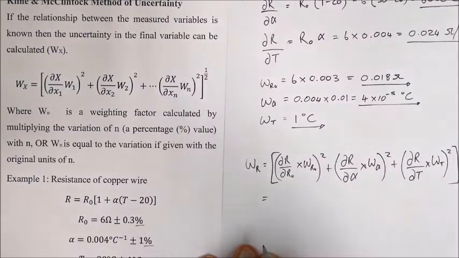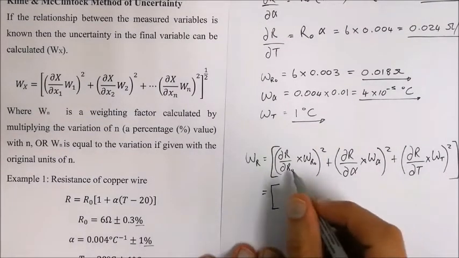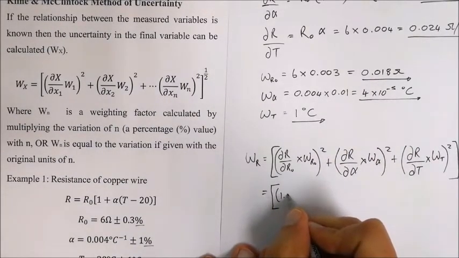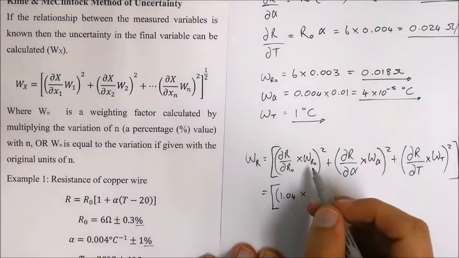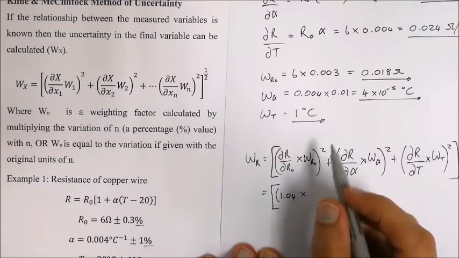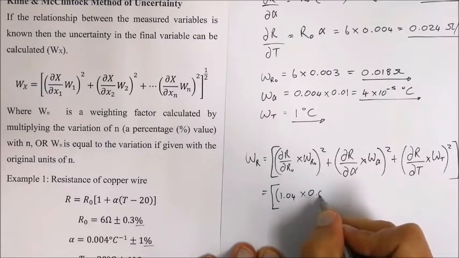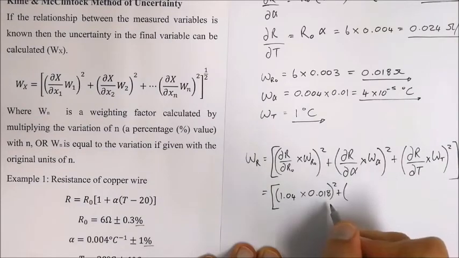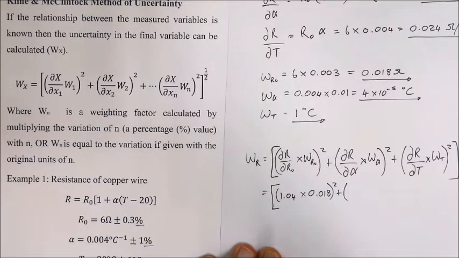So that is equal to dR/dR0, which is equal to 1.04. I'm going to multiply that by the weighting factor for R0, which in this case is 0.018. Square that, plus dR/d alpha, which in this case is 60 ohms per degree Celsius.